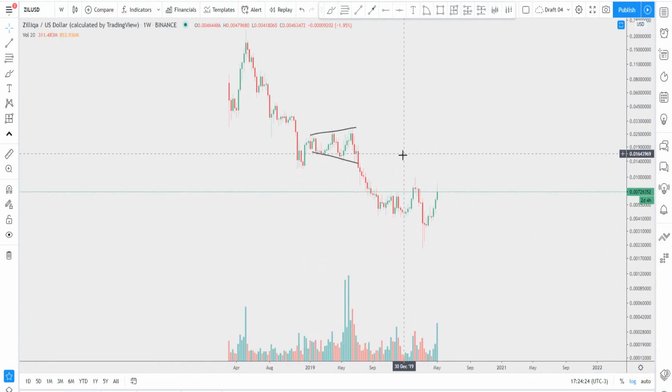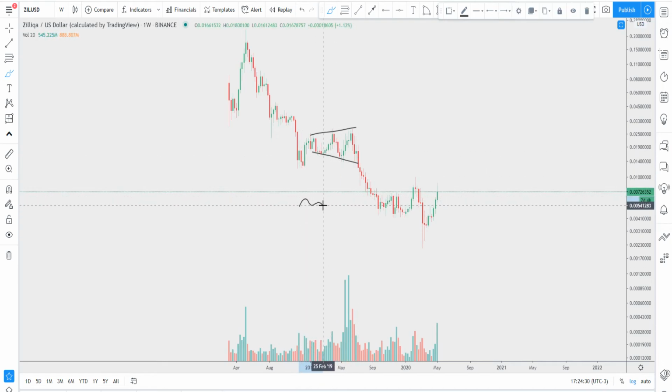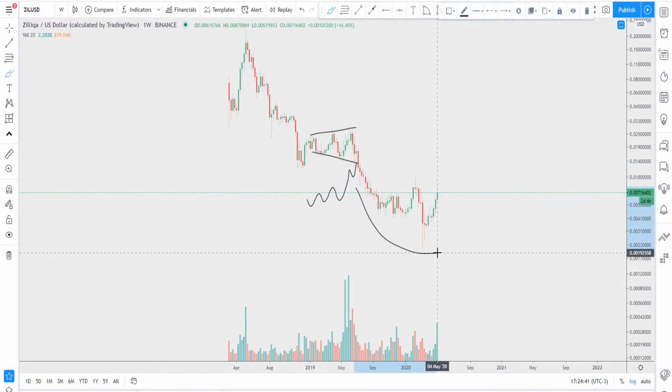It's not like an example where we are on this structure here, and volume is making this, and then we fade and have a bear break. Here we had the opposite. We had raging volume and then a bear break with lower volume.